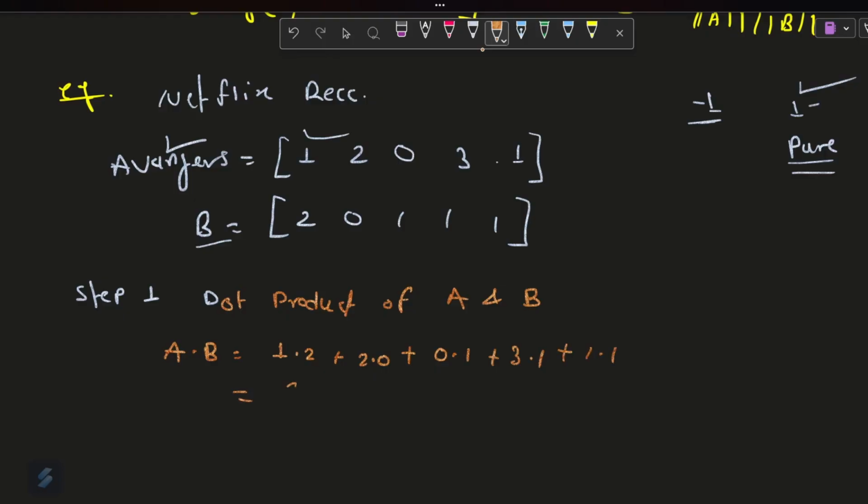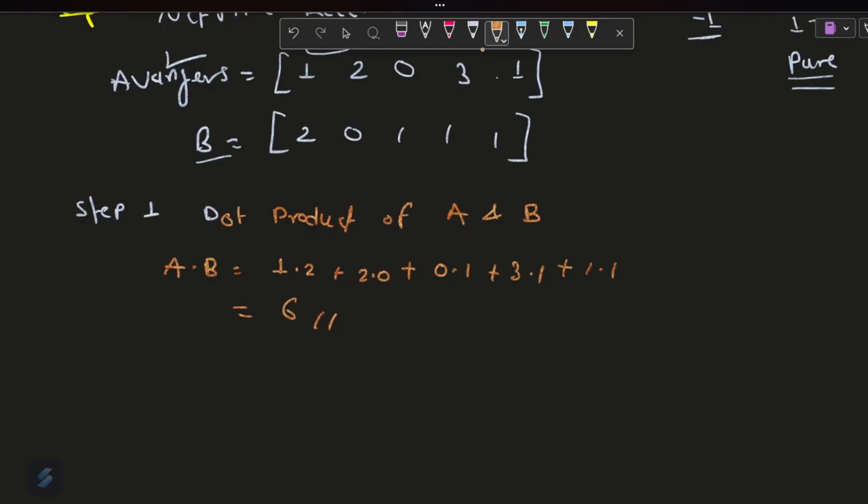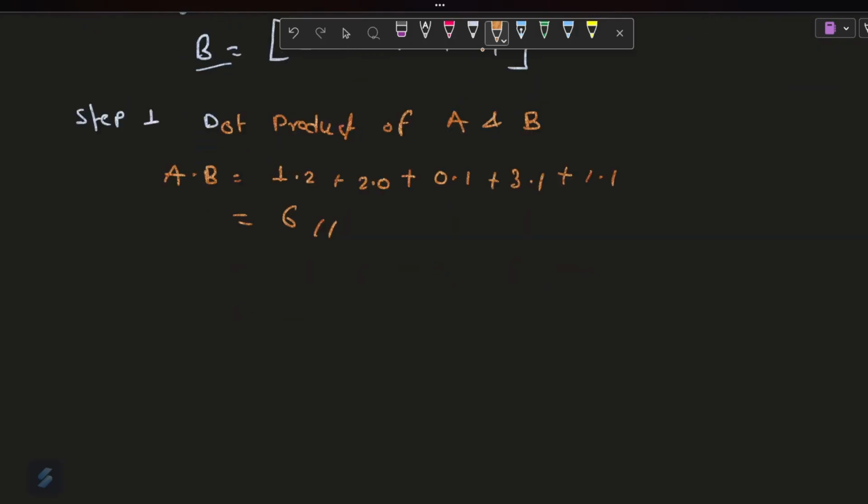So we get 6. We calculate the dot product. Then we calculate the magnitude of both vectors.